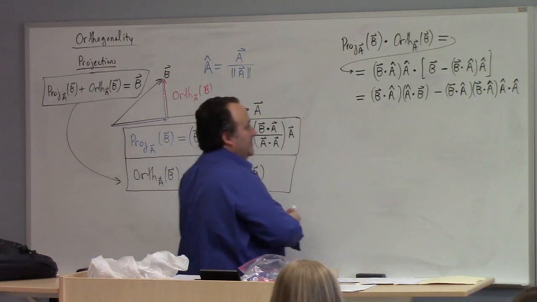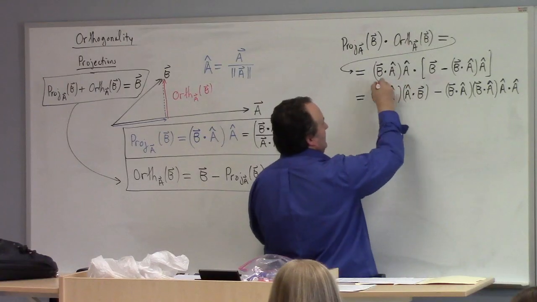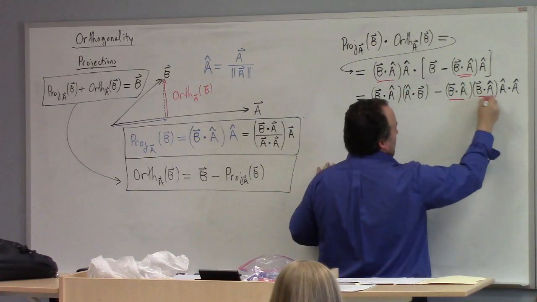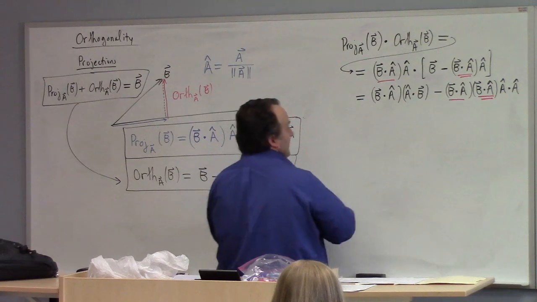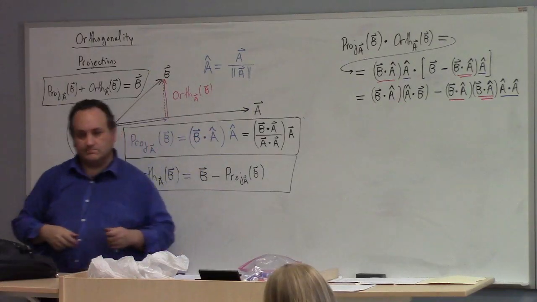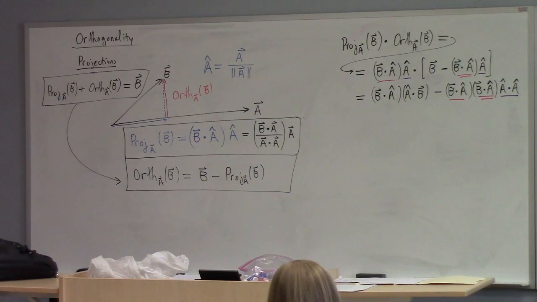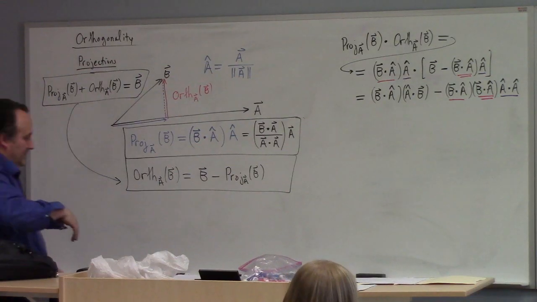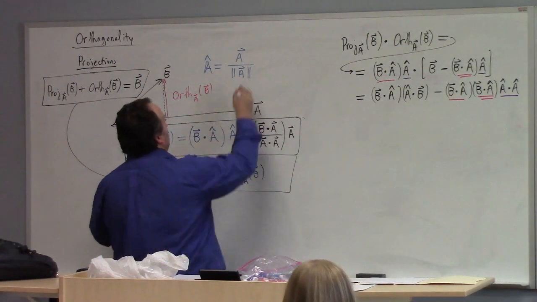Do some color coding so you can follow me maybe. So let's say this one was that one, this one was this one, and tracking, I had this dot that is that. What's A hat dot A hat? Right here, try this out.